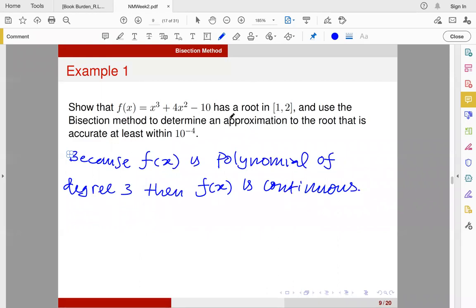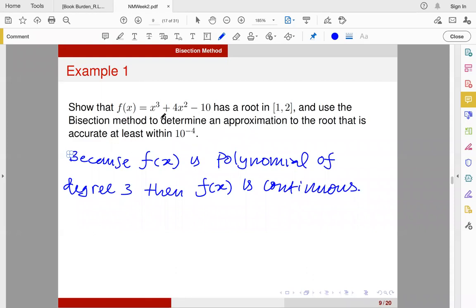In fact, the polynomial is a nice function, because it is continuous and differentiable. This polynomial is differentiable infinitely many times, so it doesn't have a degree of differentiability; the degree of differentiability is infinite.